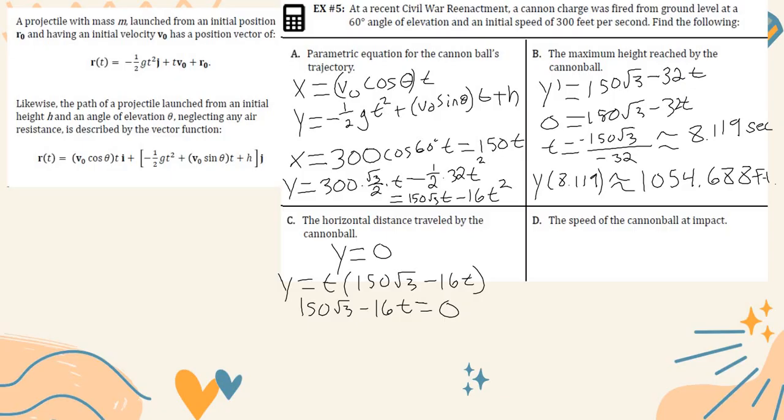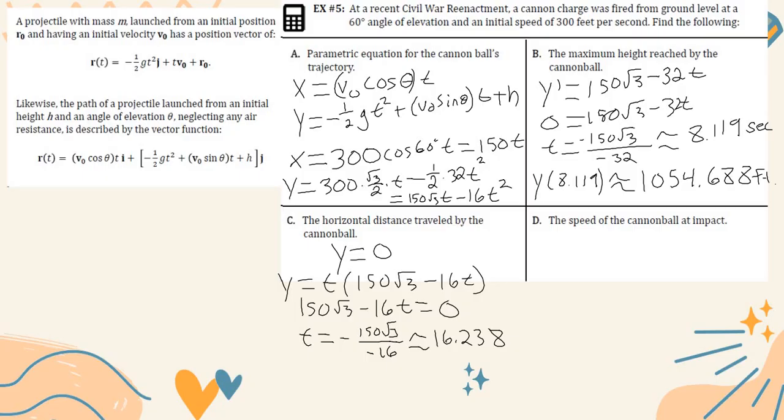Because again, it's starting at 0, it's landing at 0. It is a parabola-like shape. It's going to have 2 roots. But we don't want the original one because it traveled 0 at 0, so that's not helpful. So we get t equals negative 150 square root of 3 divided by negative 16, which is 16.238.